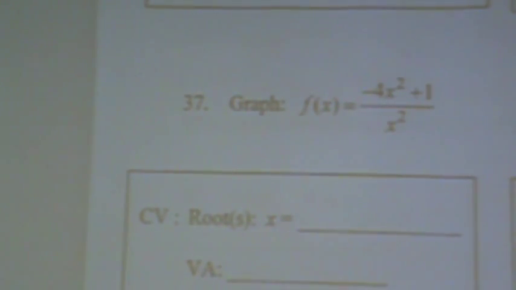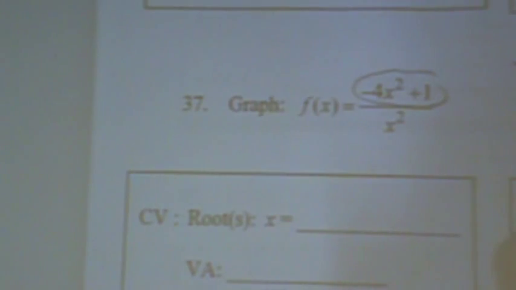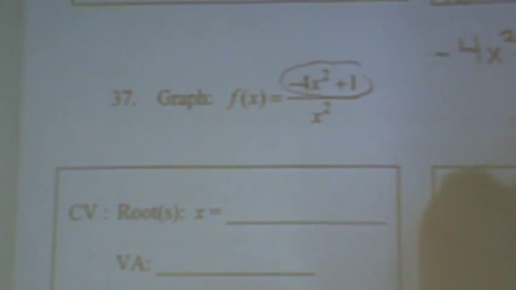What should we do? Can you set that equal to 0 and solve this one? If we subtracted 1 and divided by negative 4, do you get x squared equals 1/4? And then square root both sides. What do you get?